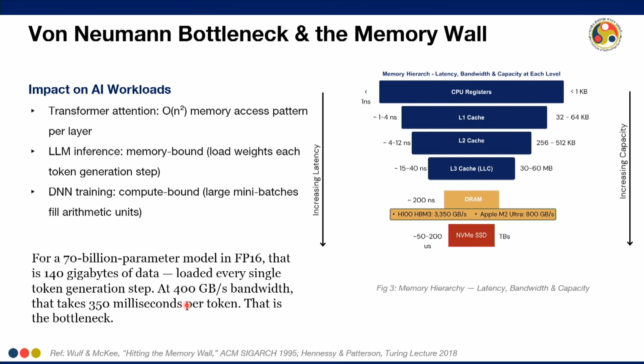So for this LLM training, I have this token to be generated, and that is where we have to load 140 gigabytes of data. At 400 gigabytes per second, we take around 350 milliseconds per token to be processed. That is the bottleneck we are facing. If your computing is in minutes, then it is fine. If it is seconds, that means you have to wait to get the data and then compute, right?